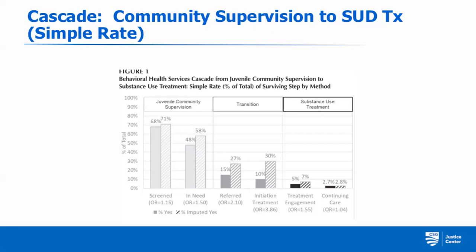And as you can see, when we actually look at who gets access to and retains in treatment, the numbers get smaller and smaller. So the Cascade provides a very, very important way of trying to give a picture of how your system's working.